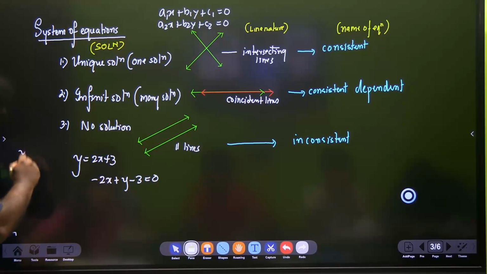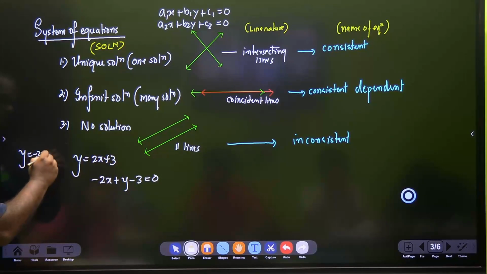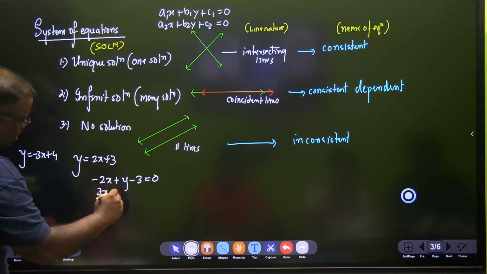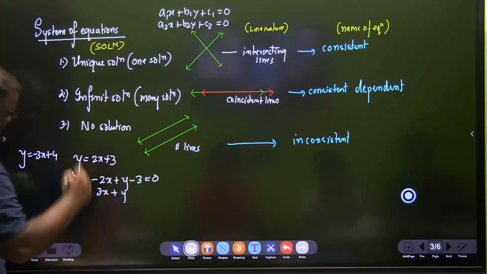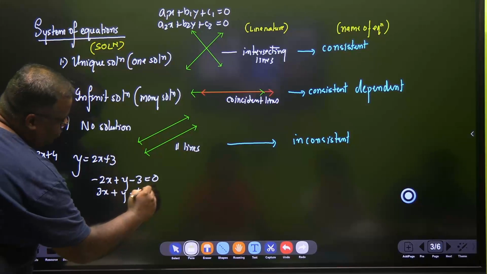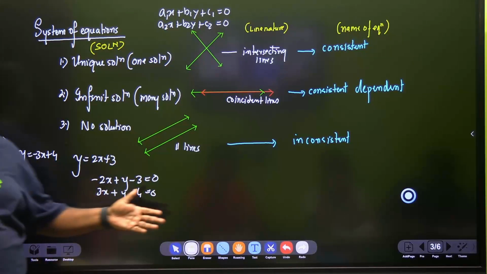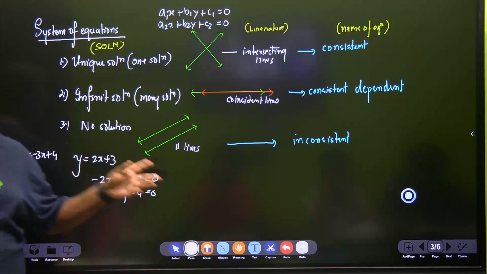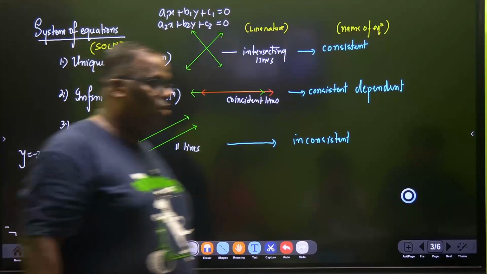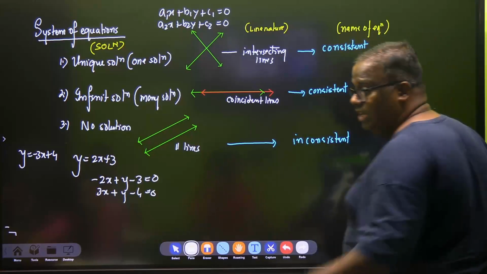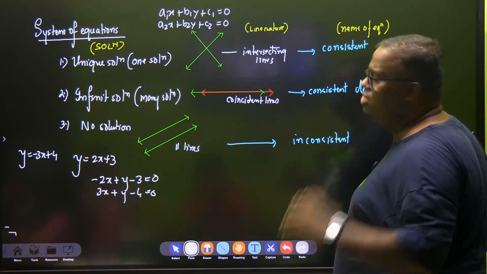And ma'am gave another equation y equal to minus 3x plus 4. So this becomes 3x plus y minus 4 is equal to 0. Now this is called standard form. Whatever I am going to teach, to learn that you have to first bring it in standard form. Otherwise ये होगा नहीं आपसे. Standard form में आने के बाद, if it has unique solution, आपको करने की जरूरत नहीं.